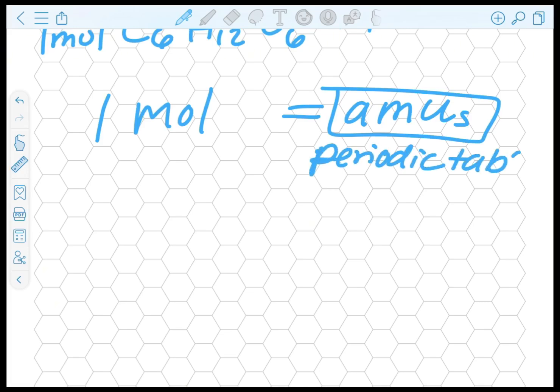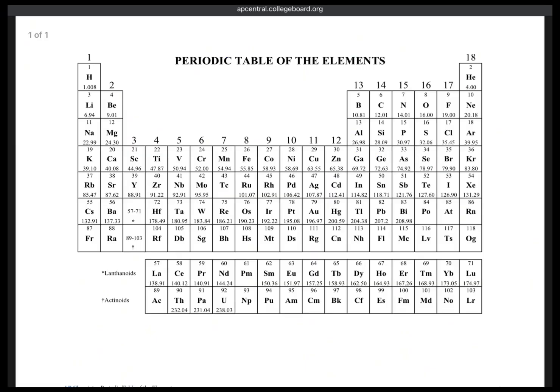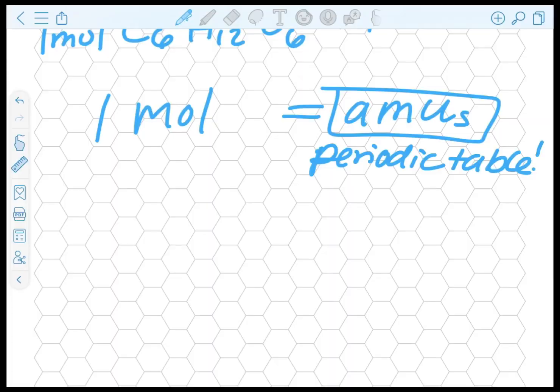I highly recommend that you use the AP Classroom periodic table that will be given to you on the AP exam. We're going to use those atomic mass units to convert into molar mass, which is in grams.